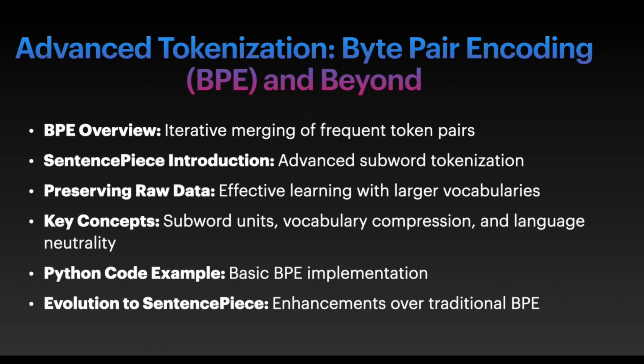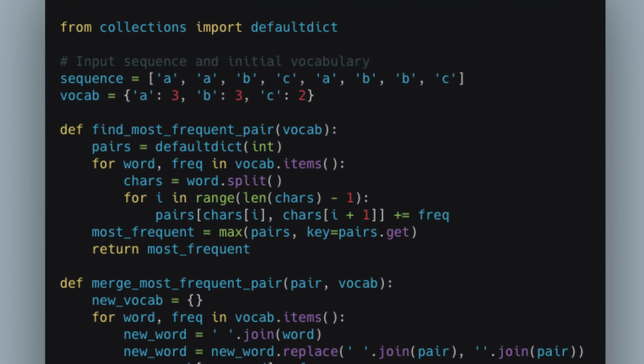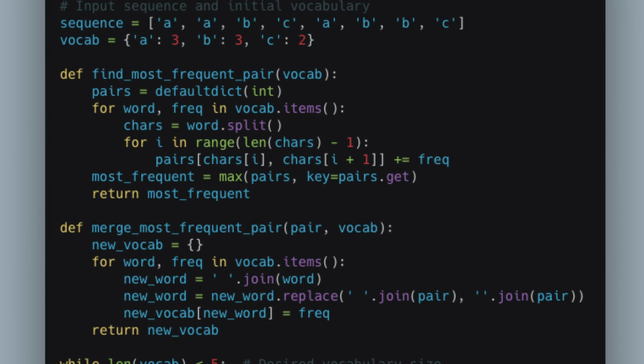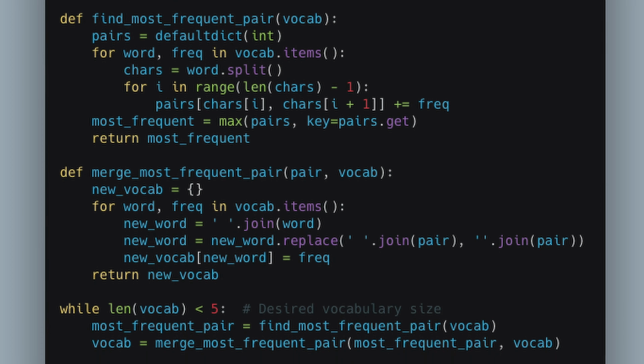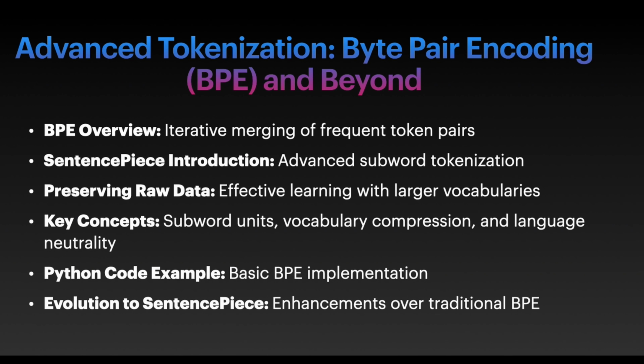As we progress to our third slide, we explore the realm of advanced tokenization techniques, starting with Byte Pair Encoding, or BPE. BPE is a method that iteratively merges the most frequent pairs of tokens in our text data. This process is akin to a compression algorithm, where common pairs are replaced with single new tokens, effectively reducing the size of our text representation.